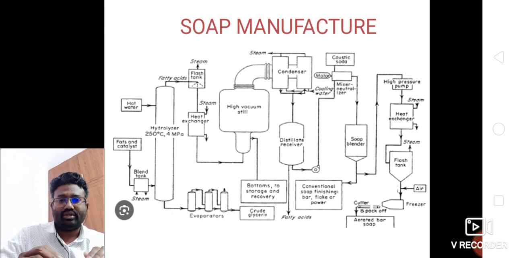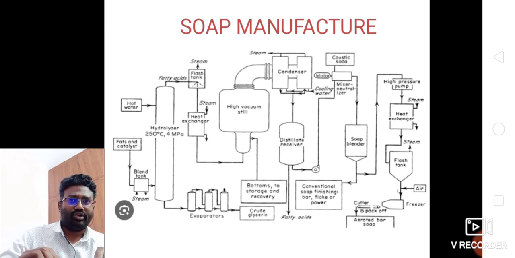In the continuous hydrolysis process, natural fat is split into fatty acids and glycerin by means of water at high temperature and pressure in the presence of a catalyst, zinc soap. The splitting reaction is carried on continuously, usually in a vertical column 50 meters or more in height.